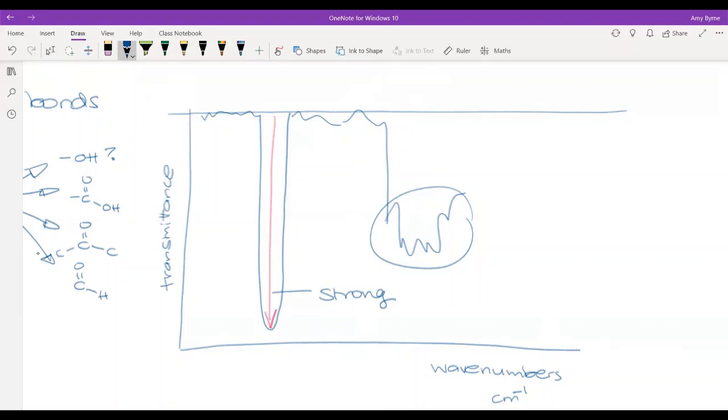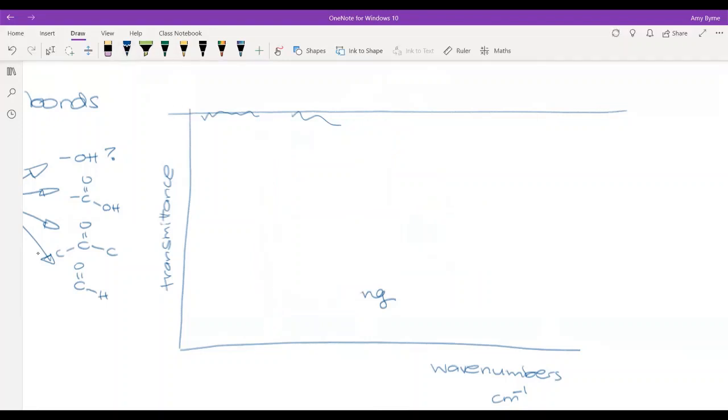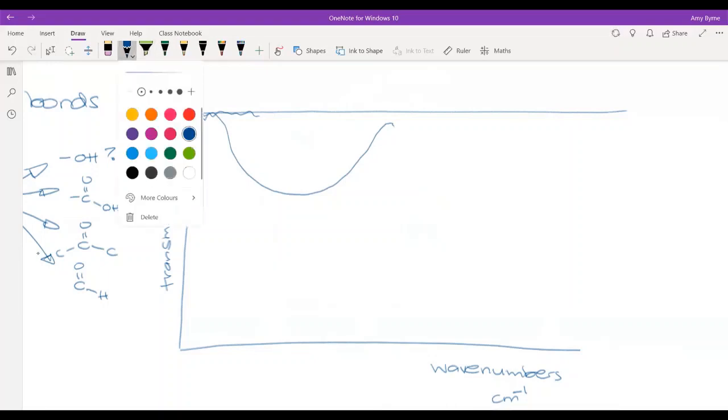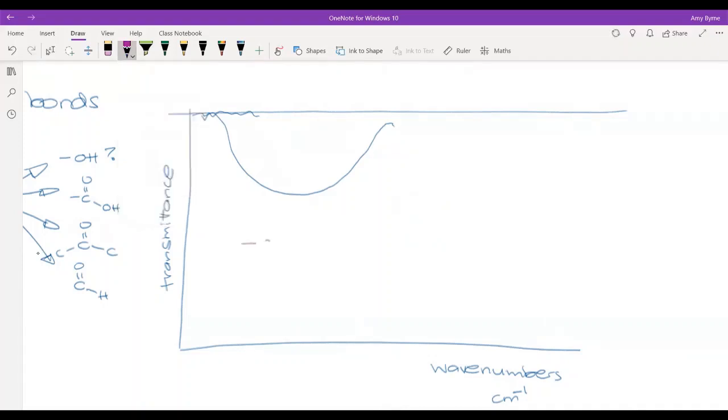One shape that you will get to know quite well, if you practice these, is the stereotypical shape we see for hydrogen bonding. It's not quite that extreme, but it's like that. This is a very broad, strong absorbance that we see from this bond here.